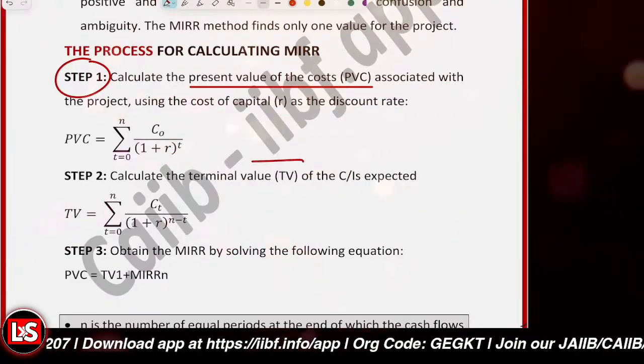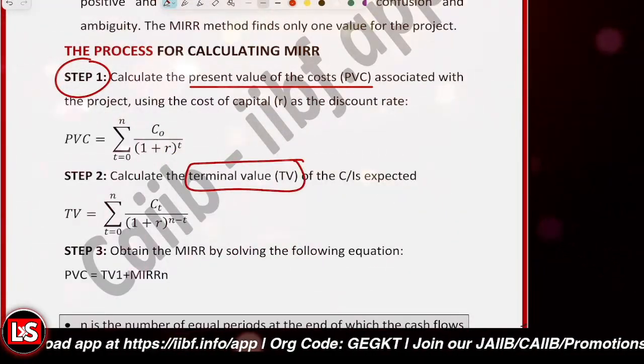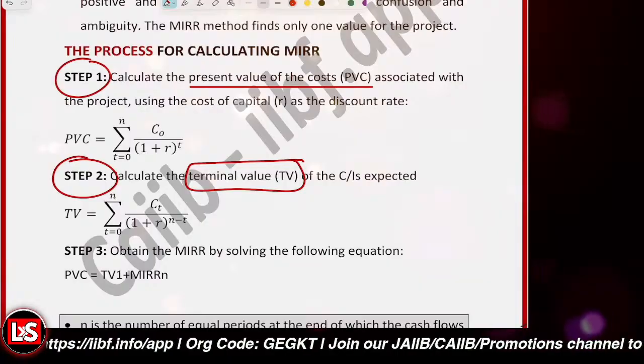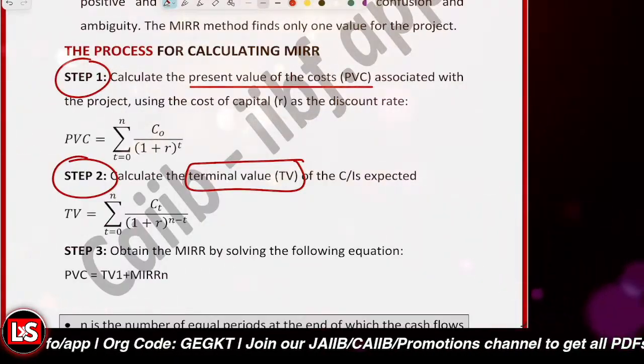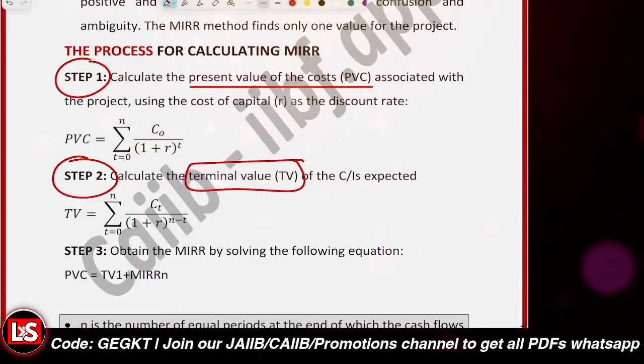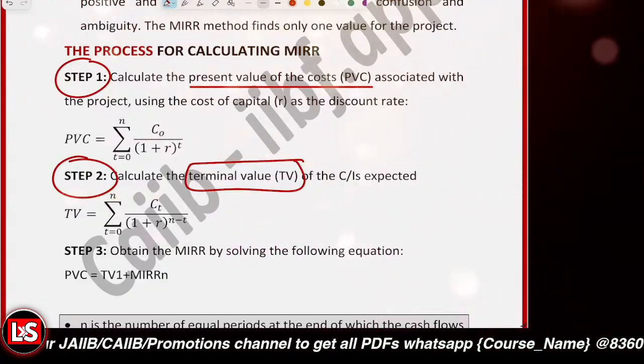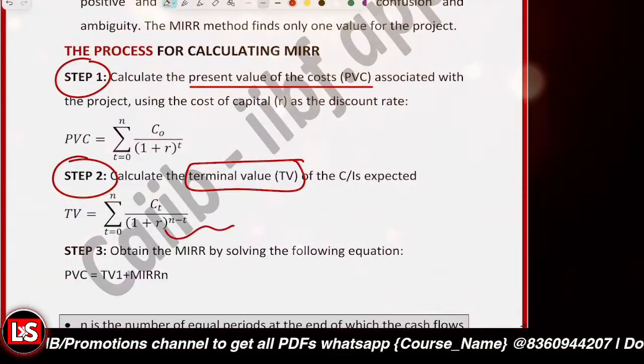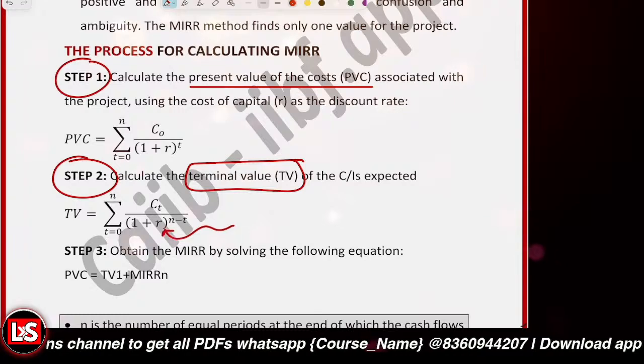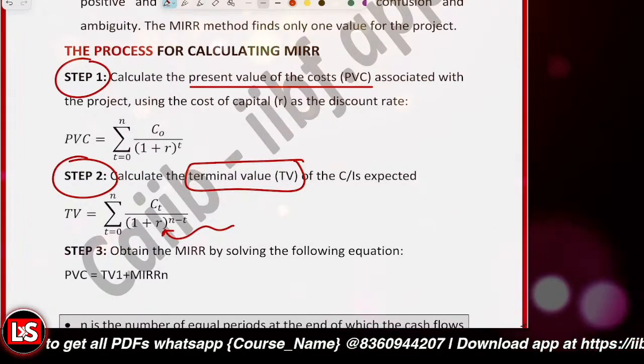And then we have to calculate the terminal value of the capital inflows. Here R is considered to be the reinvestment rate, or the cost of capital again. We are considering it to be cost of capital and the terminal value is calculated.